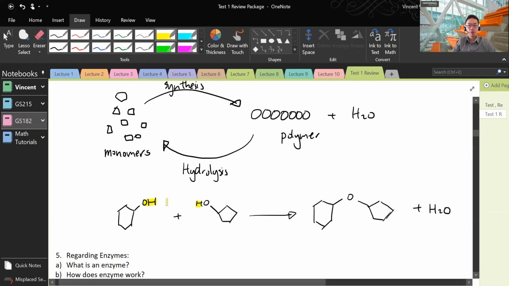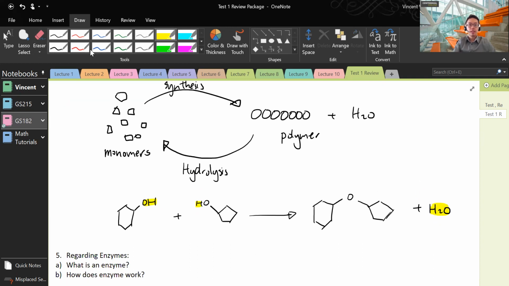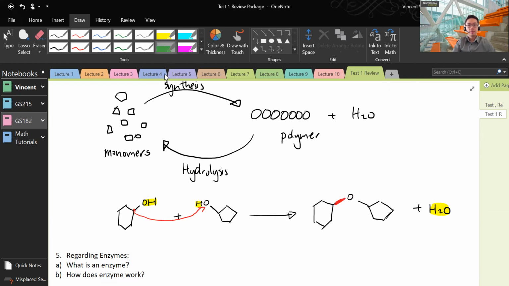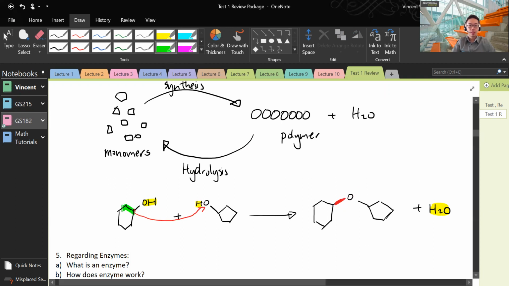So the water that you took comes out, and you essentially create a new connection between this carbon and that oxygen. Do you see that? So this structure is here, and then the pentagon along with the oxygen is from this molecule.